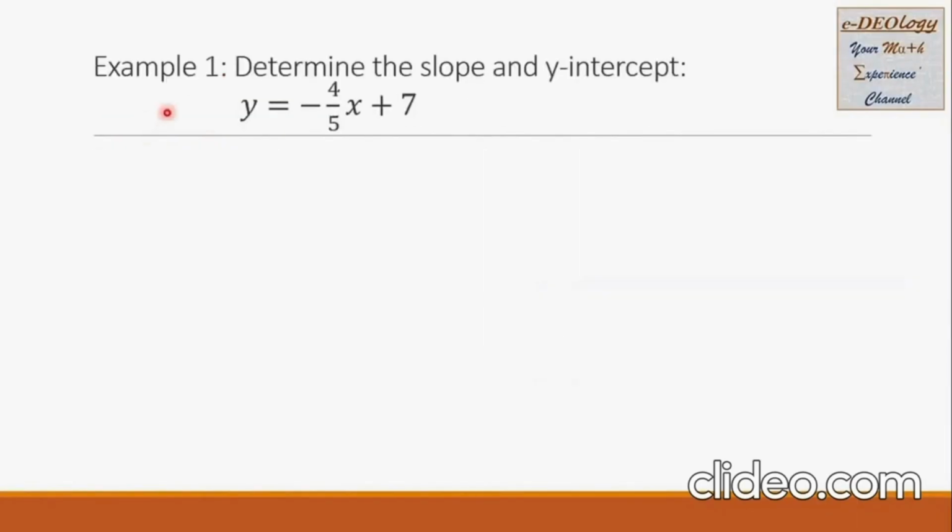Let us have example 1. Determine the slope and y-intercept of this line. y equals negative 4 over 5 x plus 7. The slope-intercept form is here. y equals mx plus b.